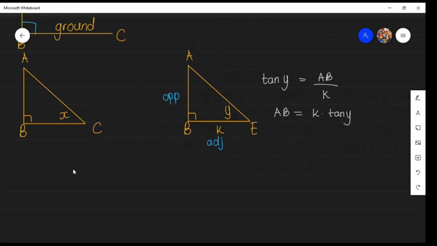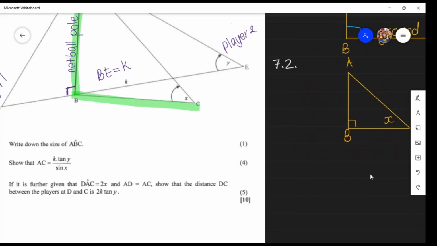Now, let us have a look at our question. As you can see, we've already found the numerator of our answer. We found AB as K times tan Y. So we found part of our solution.